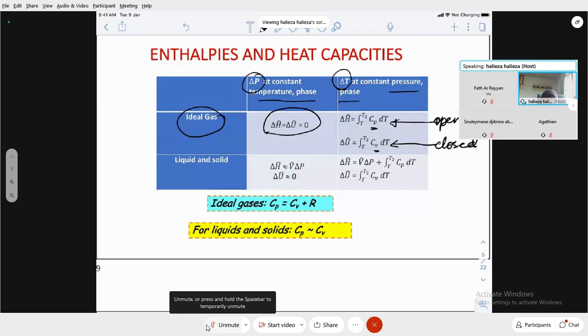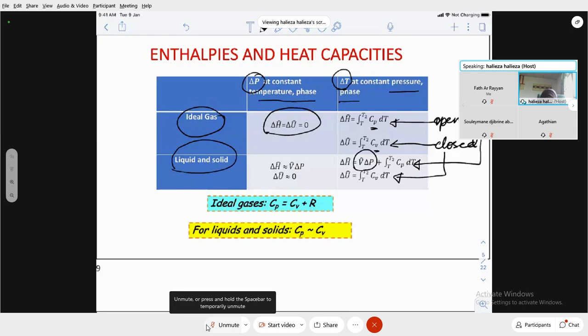Okay? So when you're looking at liquid and solid, it's a bit different here. For the closed system, delta U is still the same, but for the open system, there's an additional term that you need to add to that integration, which is the specific volume times the pressure difference.